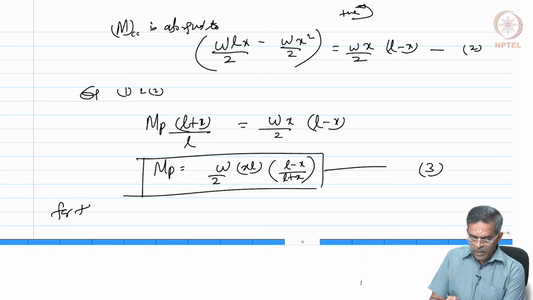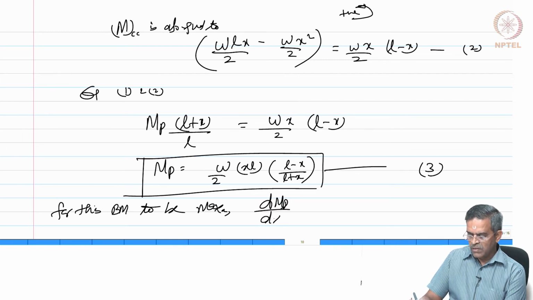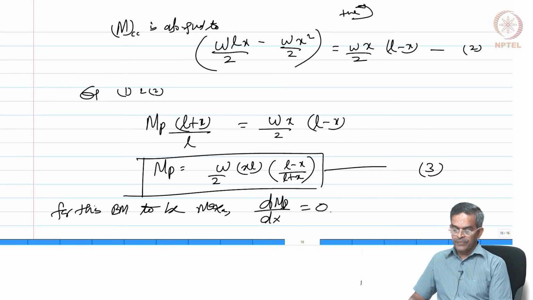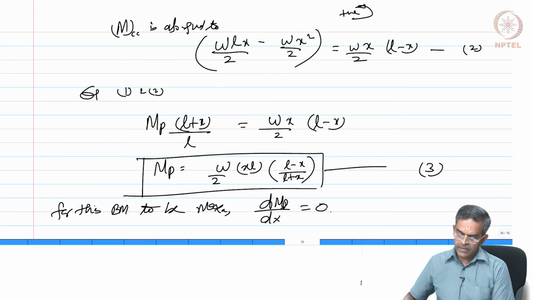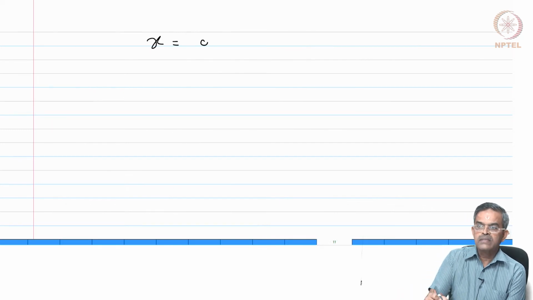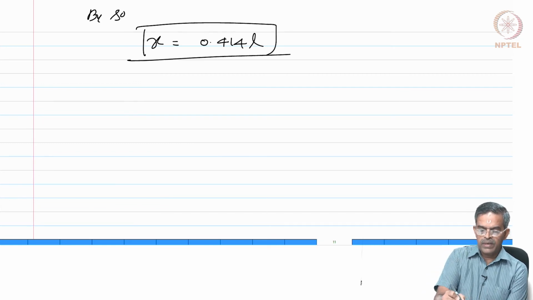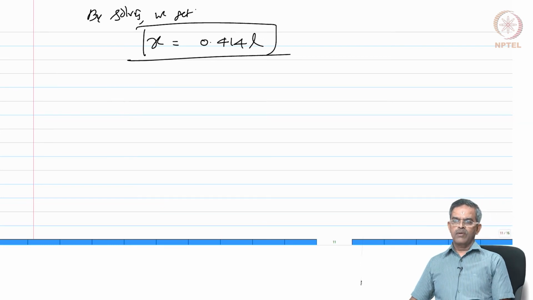Now, for this bending moment to be maximum, the first derivative of this with respect to the variable should be 0, is it not? Because we want the bending moment to be maximum here. So, differentiate this, set that to 0 and find x. If you solve that very quickly, you will find x as 0.414 L. It is a very simple problem, I should be able to solve.